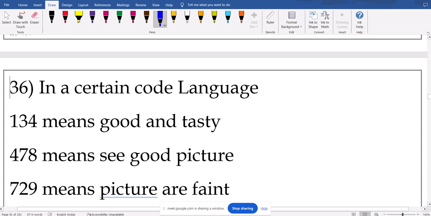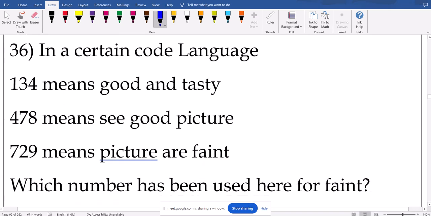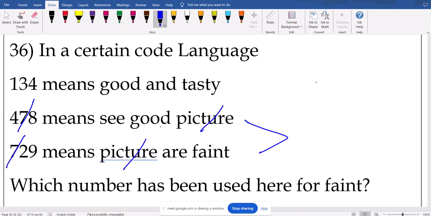Now numbers. See, this is a different way of asking. Okay, different methods. Now finally here, what is common in these last two? 7. 7 is nothing but picture. Super. In the first two, common is 4.